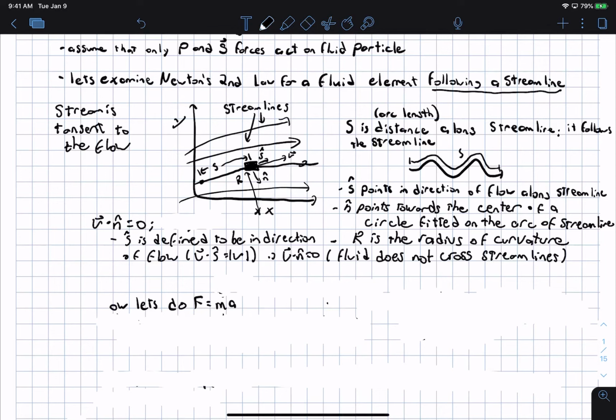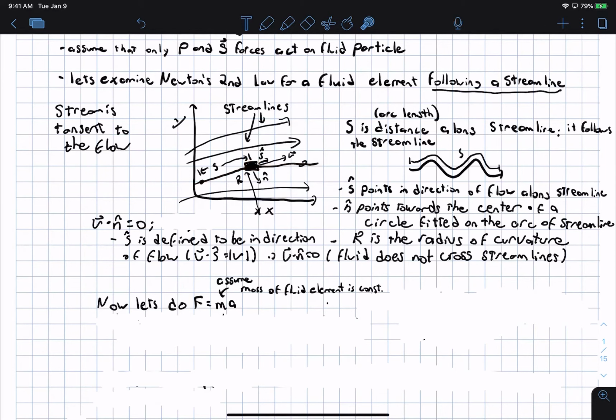Now let's do F equals ma, and we're going to assume that the mass of this fluid element is constant. When we're analyzing these forces, another way you can think about it is like a train, and the streamline is the track.